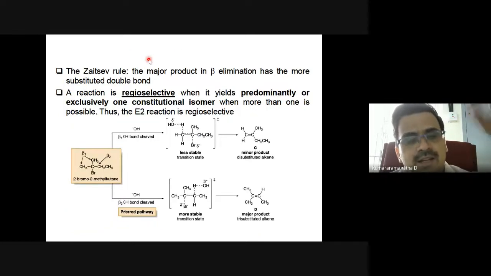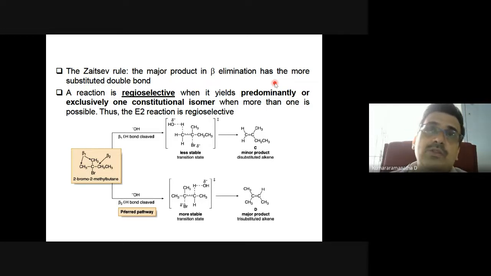Now let us take a few more examples so that your understanding will be clearer. In the case of the Zaitsev rule, beta elimination should have more than one possible double bond; for example, two or three places should have a beta carbon. Only then can you see this. Also, these are regioselective, where you get one constitutional isomer.